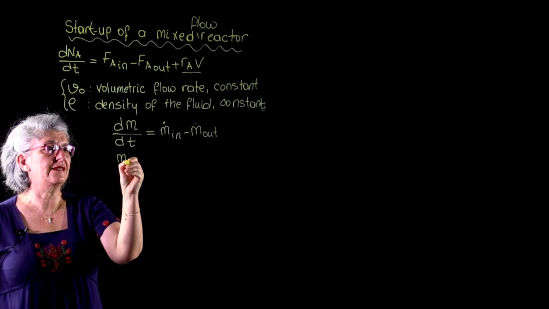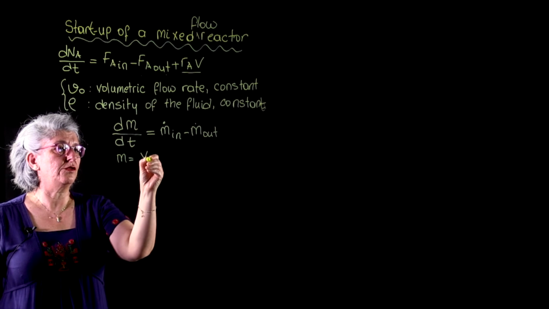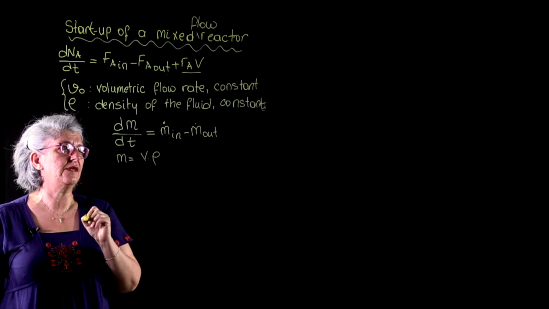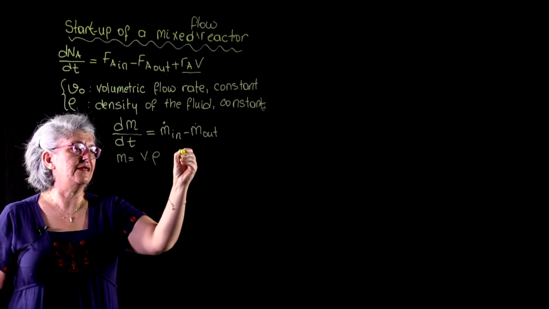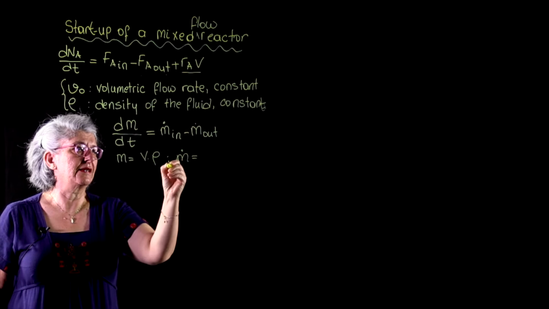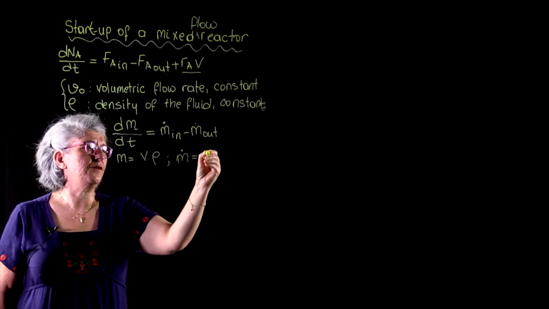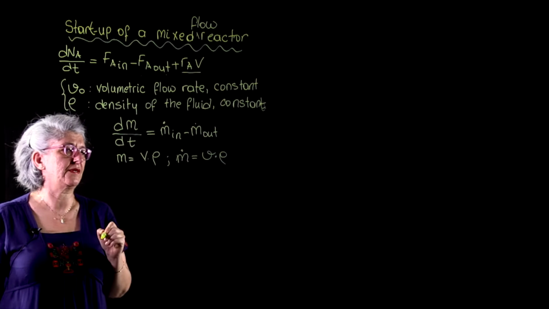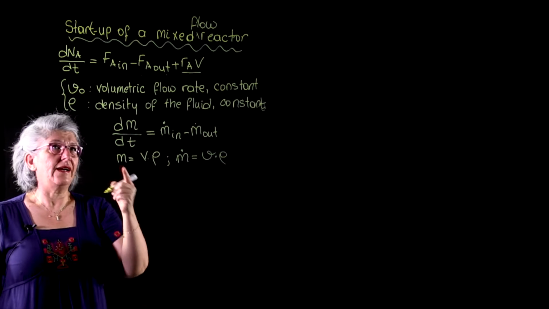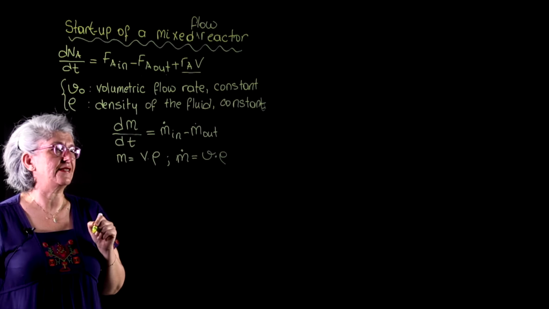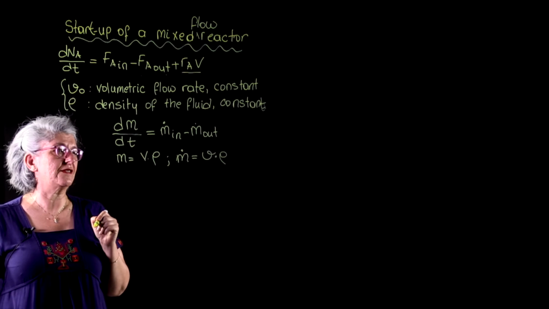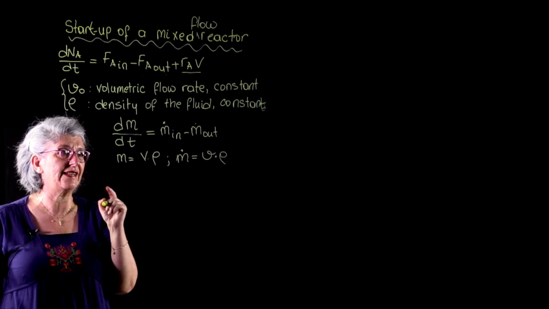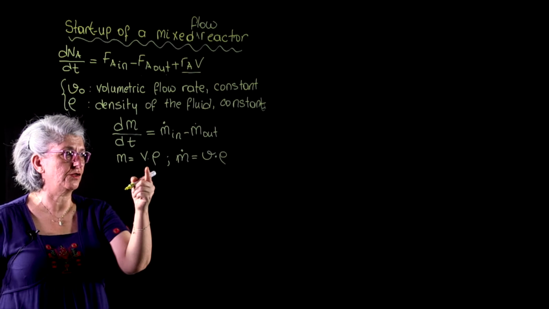M is the total volume times the density of the fluid, and M dot is the volumetric flow rate times the density of the fluid. And we have identified the densities and the volumetric flow rates as constants. We haven't said anything as such for the total volume.